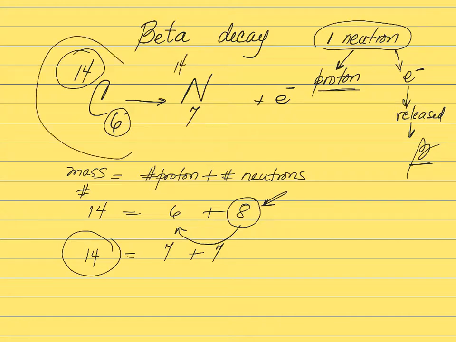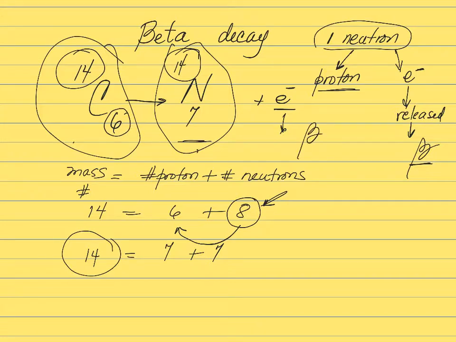When carbon 14 becomes nitrogen 14, is nitrogen stable? Yes, there you go. So carbon 14 becomes nitrogen 14 by emitting a beta particle. And what is a beta particle? An electron with a lot of energy.